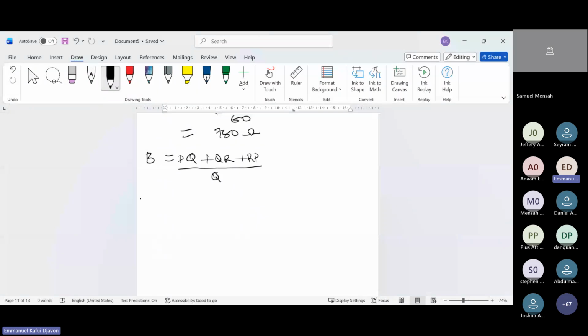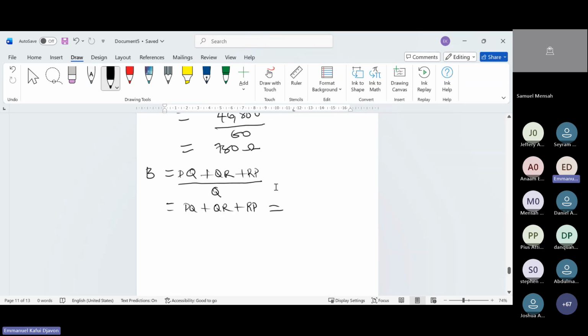So you can say that PQ plus QR plus RP is equal to what? 46,800. Do you agree with me? Good.